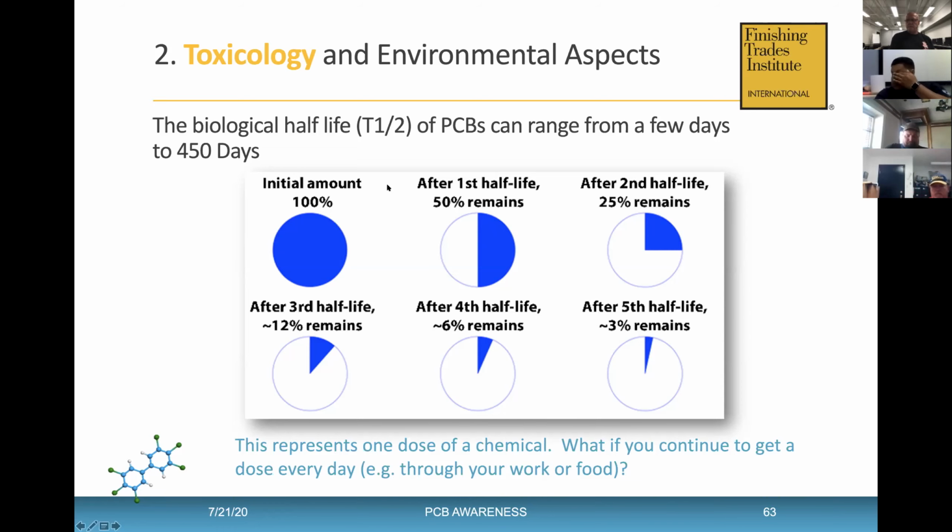But for intents and purposes, it's going to be a lot more than your initial exposure day, right? So this is a continuing cycle. The only time it's going to stop is when you stop being exposed. And then you have to wait from that last exposure to 10 half-lives after that last exposure until you can be somewhat PCB free.